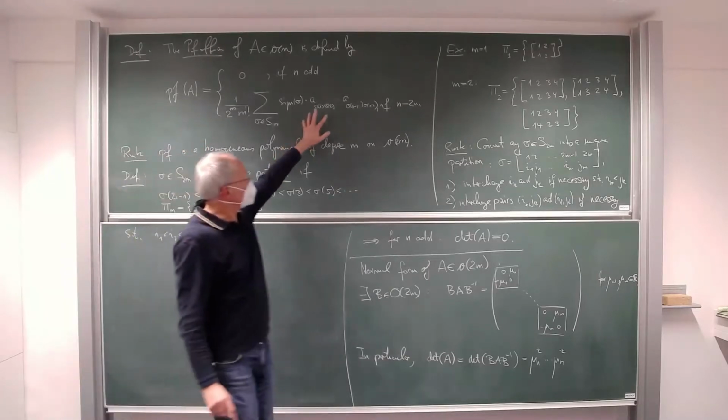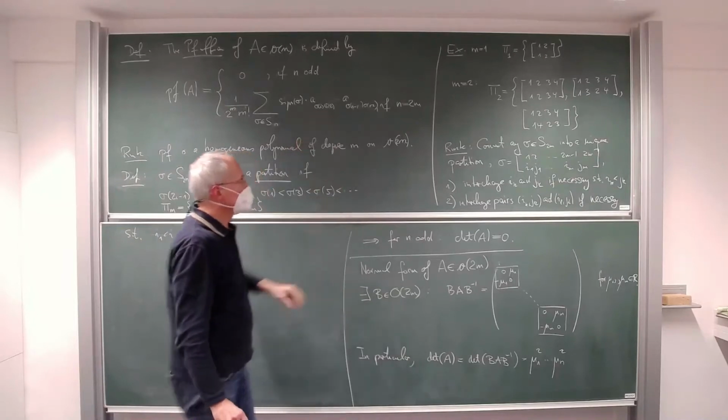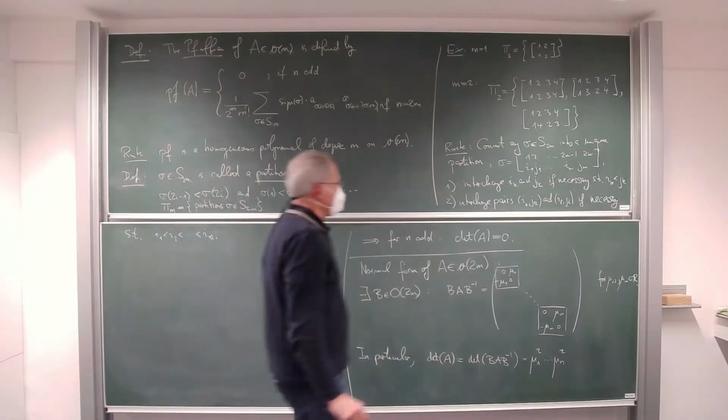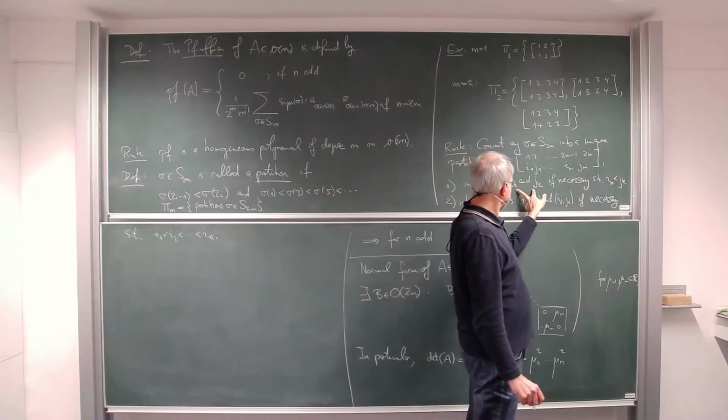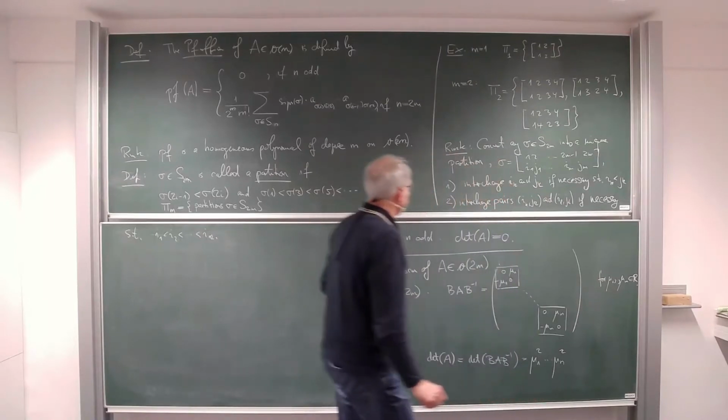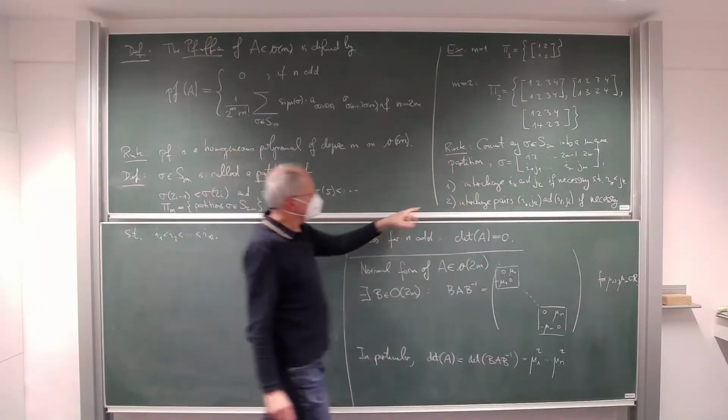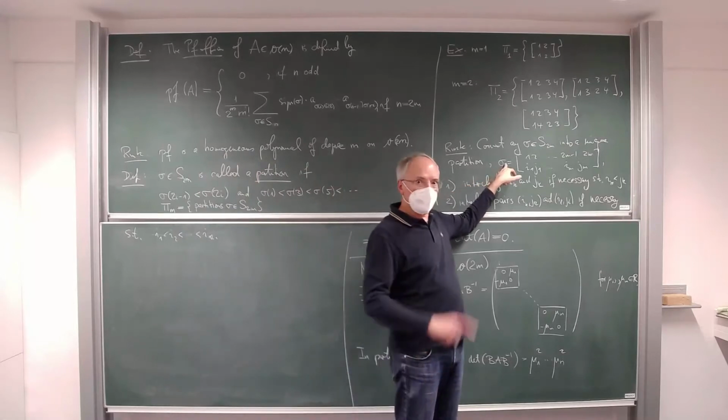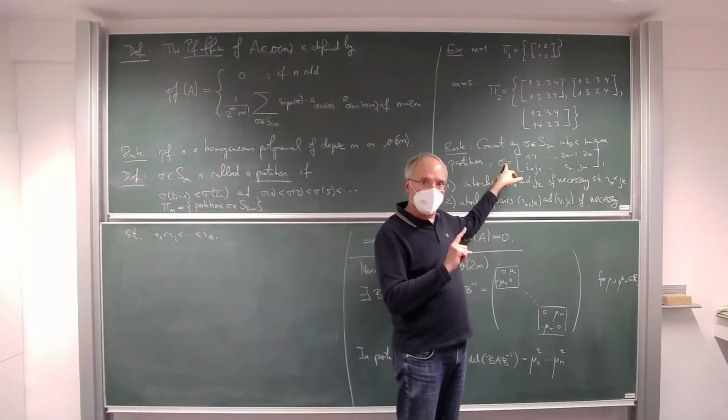And now let's see what happens if we do this. What happens to the terms that we are summing here? If we interchange 2 things in a pair, then the corresponding permutation is altered by a transposition. And this introduces a minus sign in the signature, in the sign of the permutation.